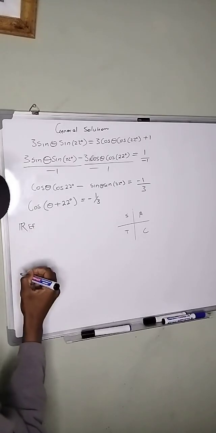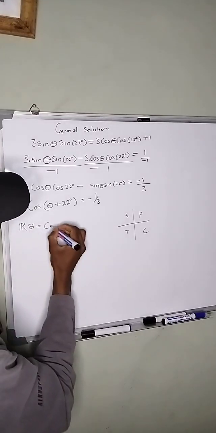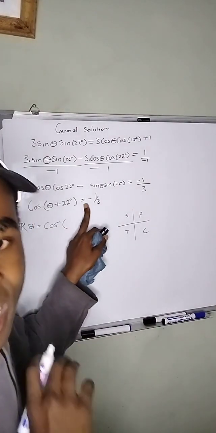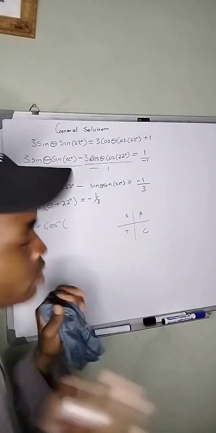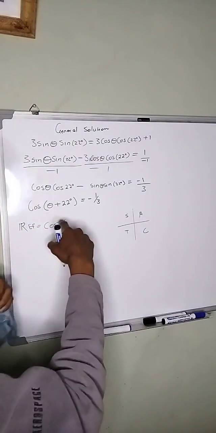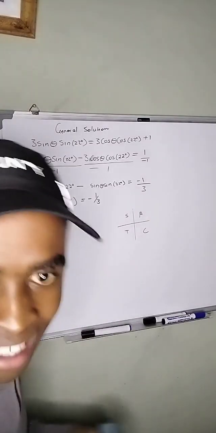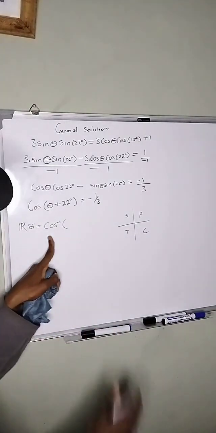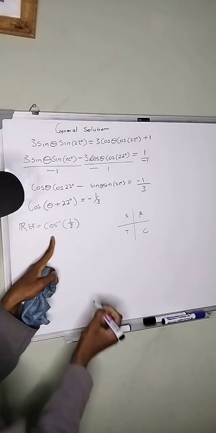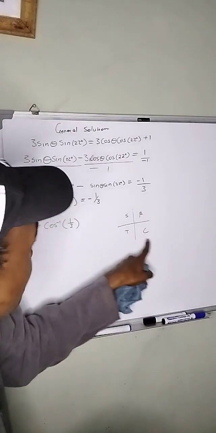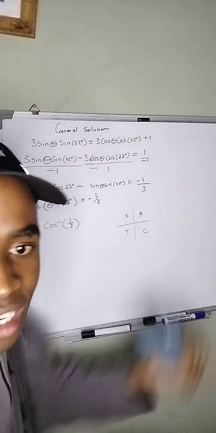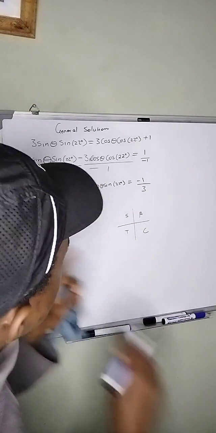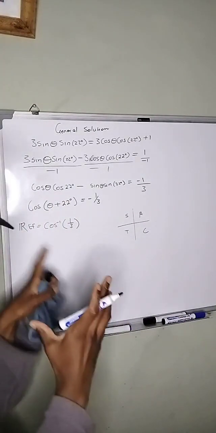REF is going to be equal to the second function of cos. And guys, don't mind the sign. The sign tells us nothing. Don't take the second function of cos of that value with the sign. So I'm just going to say 1/3. And the quadrants are the ones which are going to tell me. Okay, let me finish this question, then I'm going to come back to this.